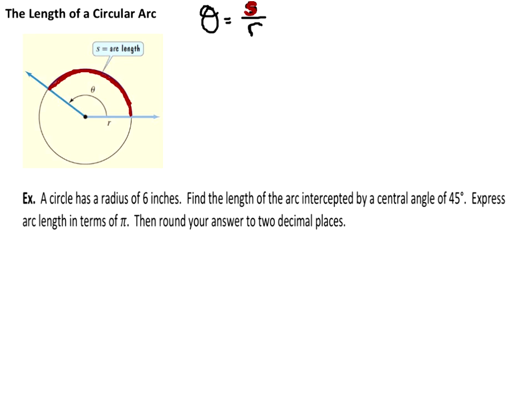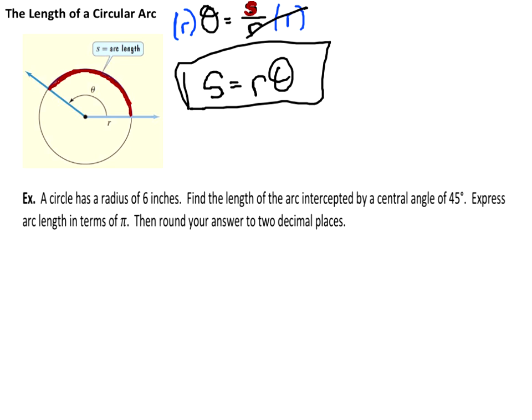If I don't have that and I want it, all I have to do is rearrange this formula to solve for S. So I'm going to multiply both sides by R. Those divide out, so I get the arc length equals R times theta.